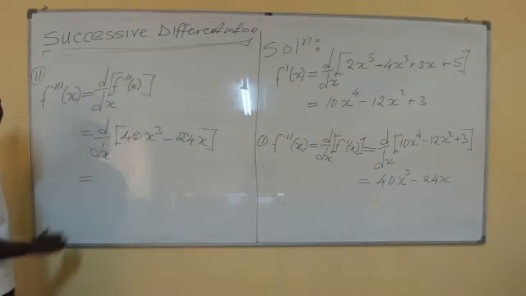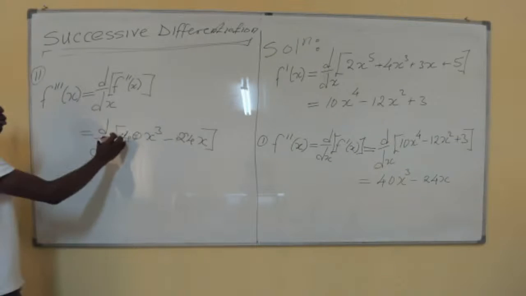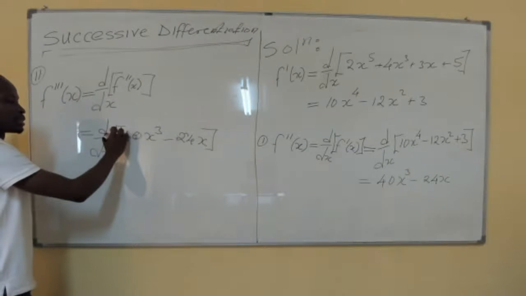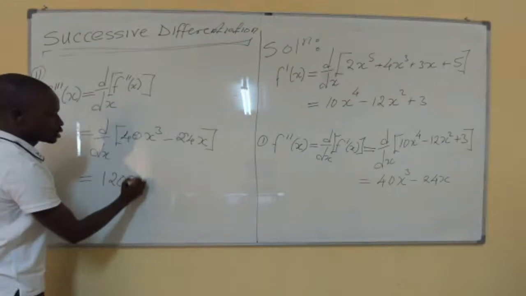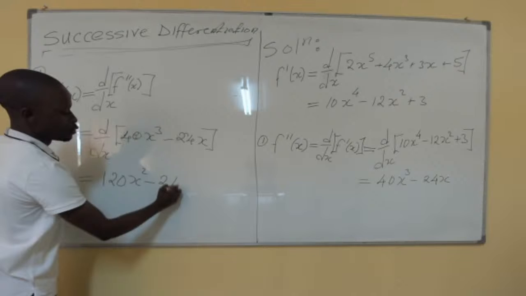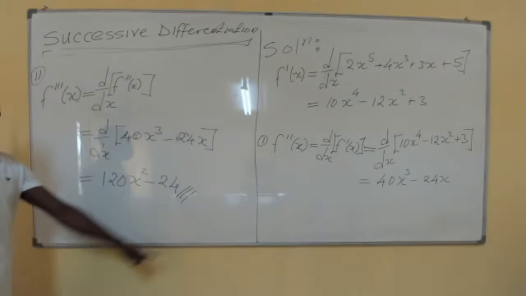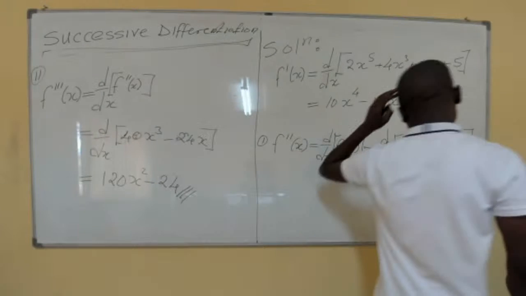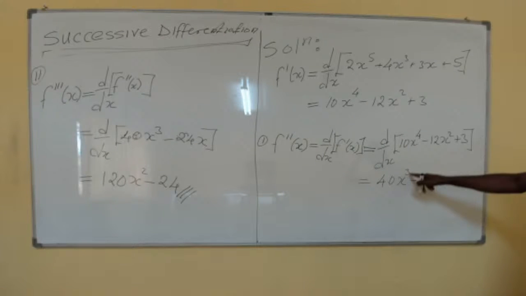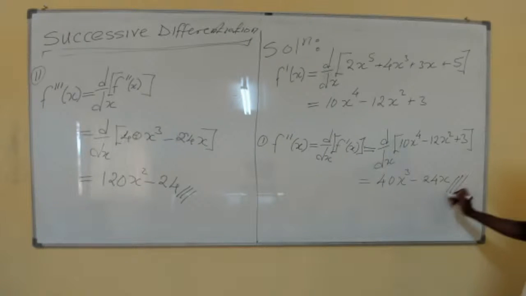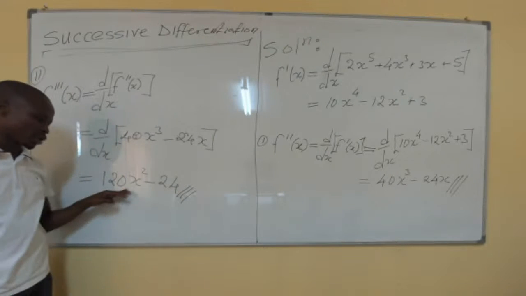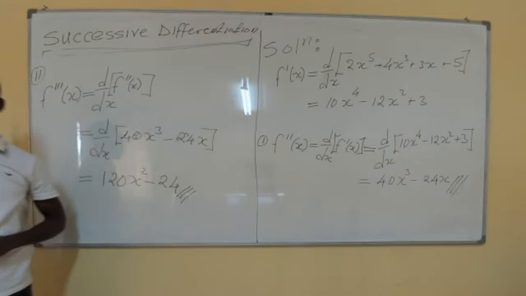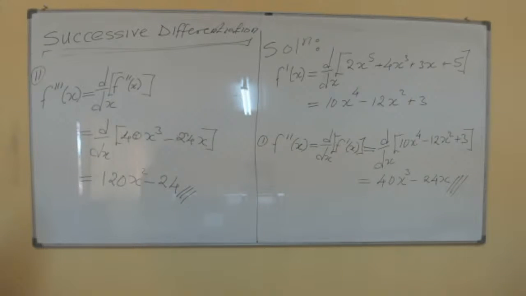So this will be 40 times 3, which gives us 120x squared minus 24. So you have found your second derivative of the given function f of x to be 40x to the power 3 minus 24x, and the third derivative is 120x squared minus 24. So you have successively differentiated the given function.